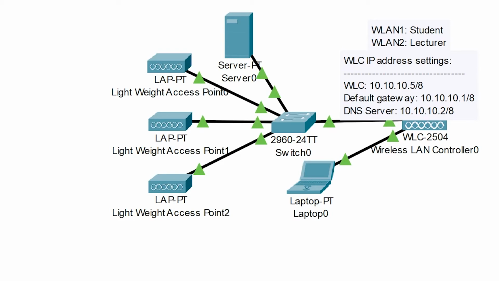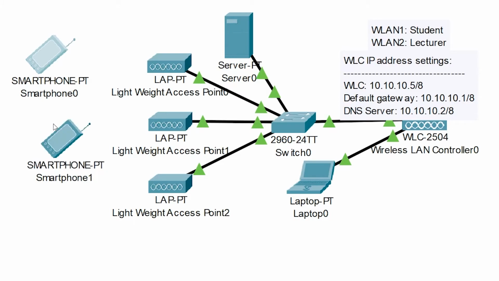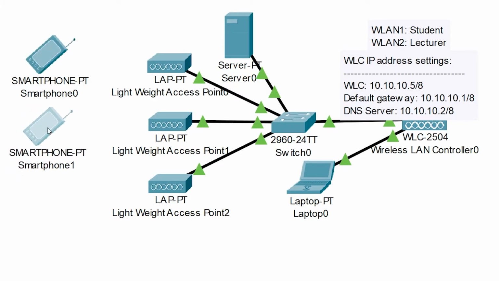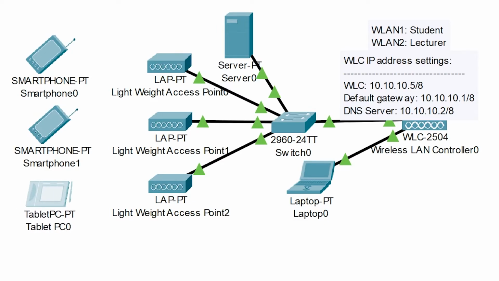Well, we'll find two smartphones first. So we go to Smart Device, we'll stick it up here. We'll get another smart device, stick it up here, and a wireless tablet. We'll put that right here. And we need to configure them.